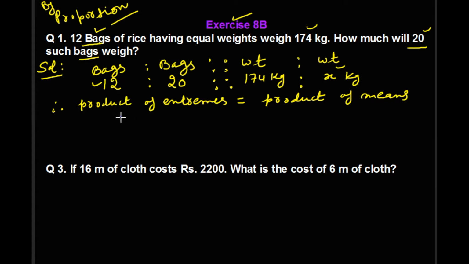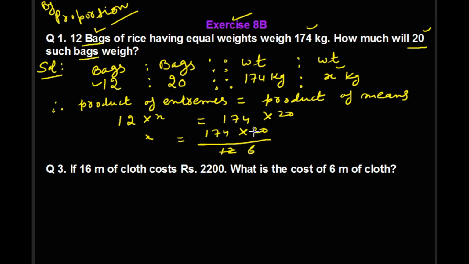Extreme terms are 12 and x. So 12 multiplied by x is equal to 174 multiplied by 20. Therefore x would be equal to 174 multiplied by 20 upon 12.